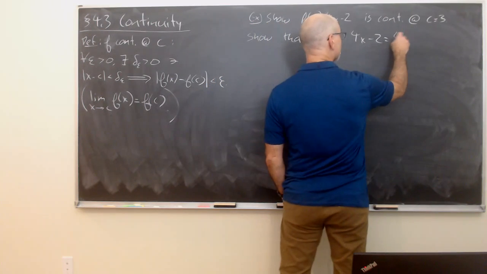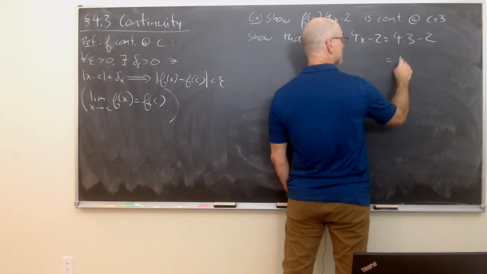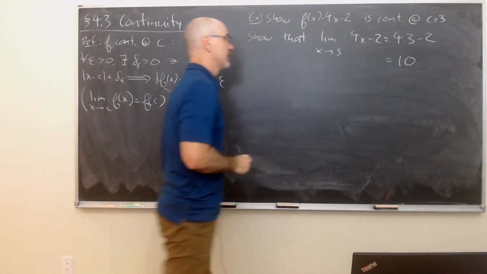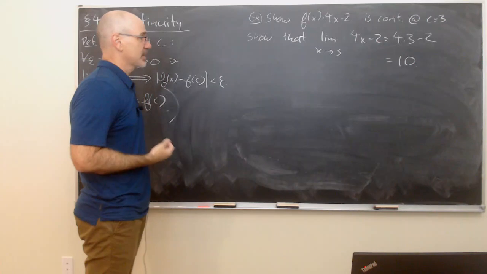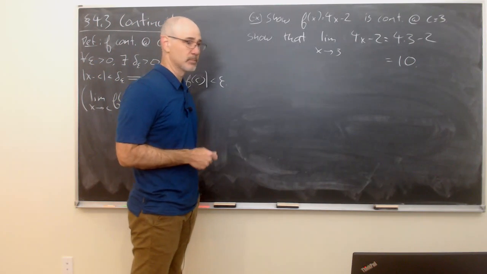So this is 4 times 3 minus 2, and that's 10. So 12 minus 2 is 10. All right, so that's the target limit. That takes the place of capital L from before.